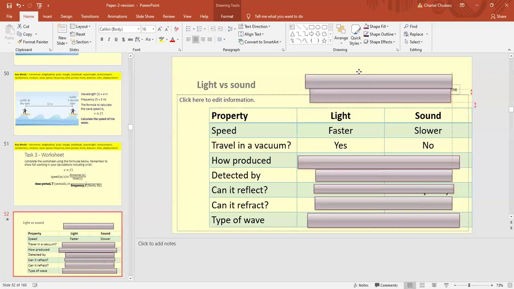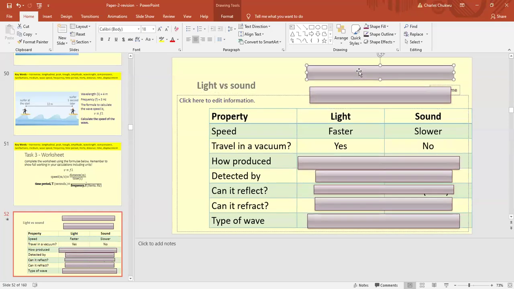Okay, so let's look at how they travel in a vacuum. Is it possible for light to travel in a vacuum? Yes. Just consider sunlight, for instance. The sun is way out in outer space, in the middle of the solar system, and the earth is just going on its orbit.